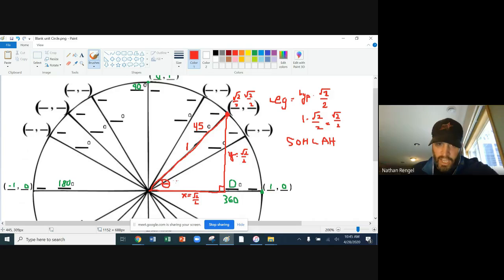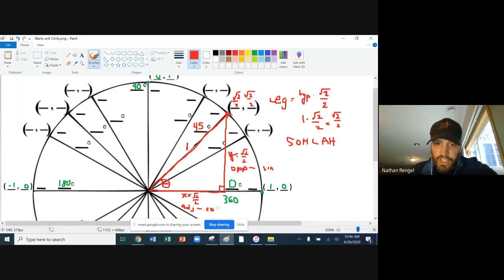If this is my angle right here, y would be considered my opposite side, which relates to sine. My x is my adjacent side, which relates to my cosine. Sorry, I'm getting a little sloppy with my writing, but that's going to be my cosine.